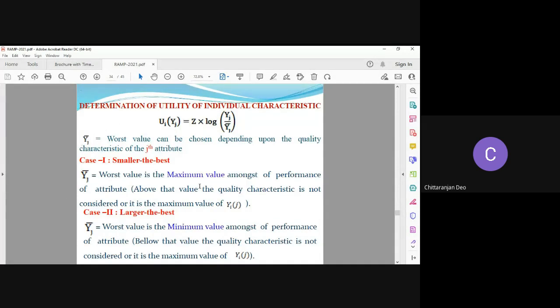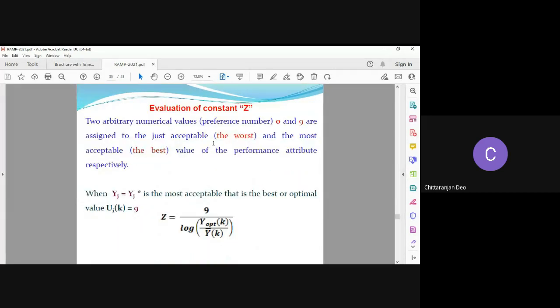By this formula, we'll determine the utility of individual characteristic, where this Z is a constant and two attribute numerical values, 0 and 9, are assigned to just acceptable, the worst, and most acceptable, the best value of the performance attribute respectively.